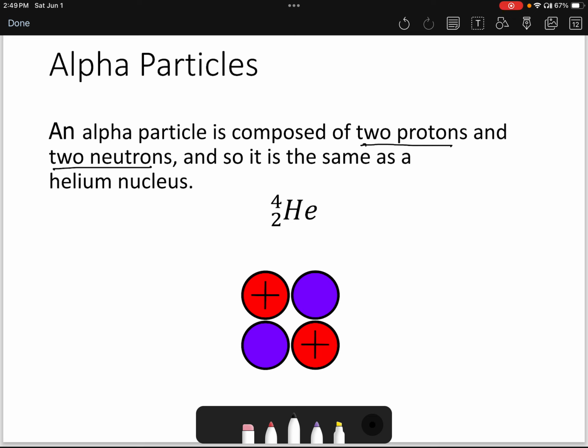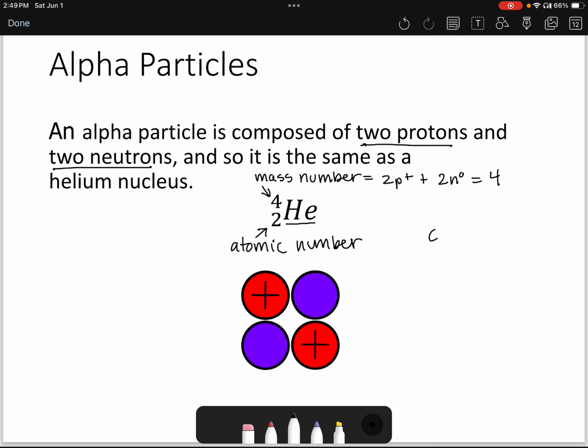An element that has 2 protons and 2 neutrons is helium, so this is the same as a helium nucleus, and we give it the symbol He. The mass number is 4 because we have 2 protons and 2 neutrons, and the atomic number is 2 because that is the number of protons.